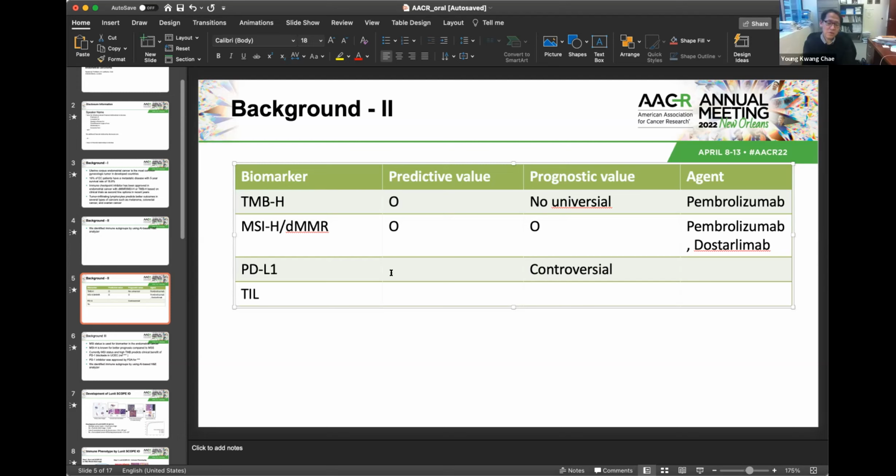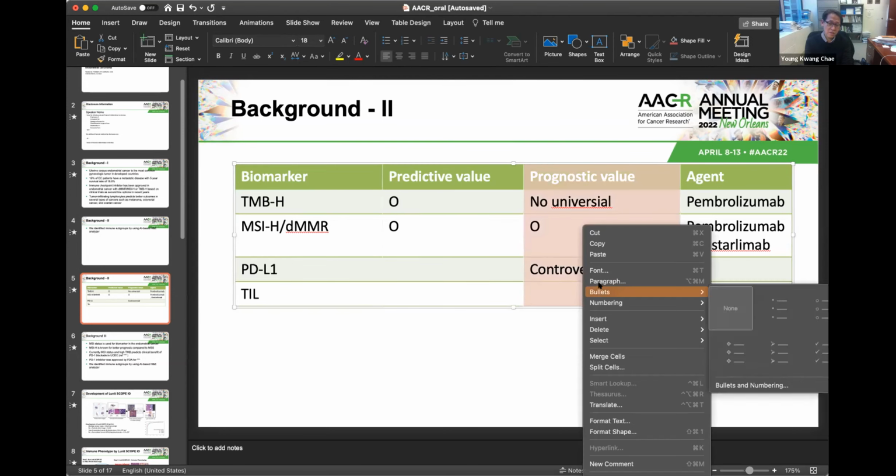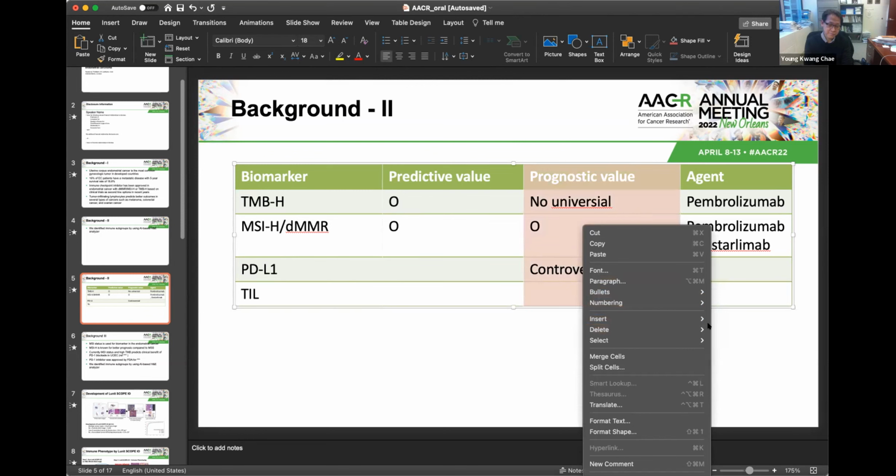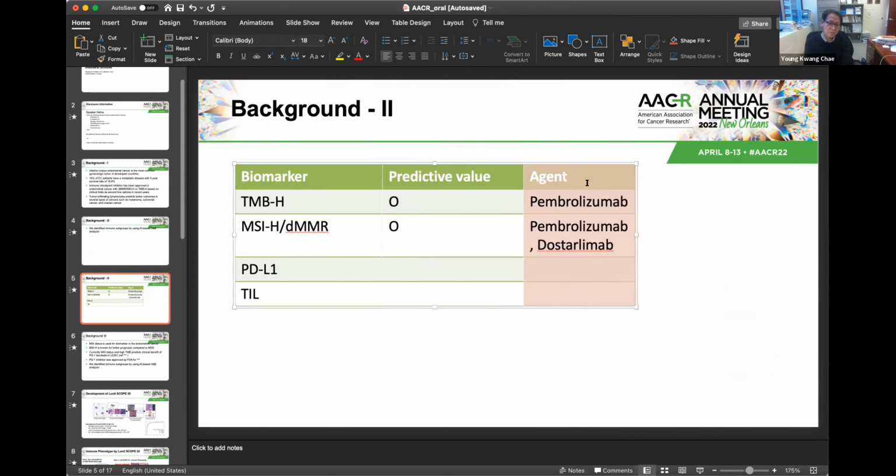So I think you can take out the prognostic value. Just say FDA approved indication. So you can do PD-L1 positive, but it depends on what tumor type. Like head and neck, positive pembro only.